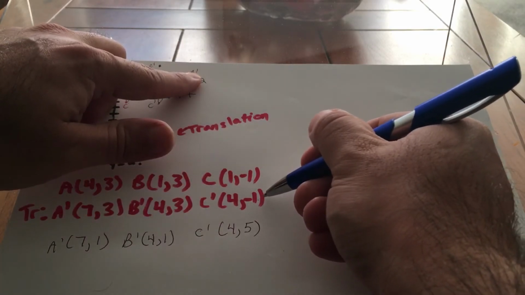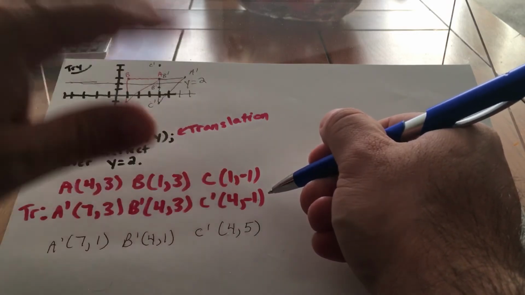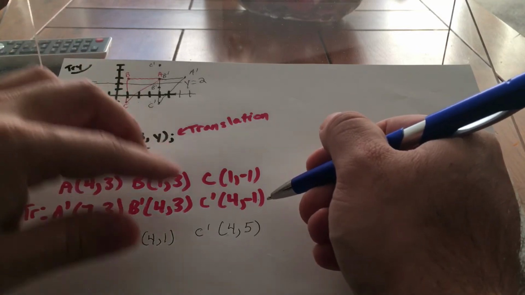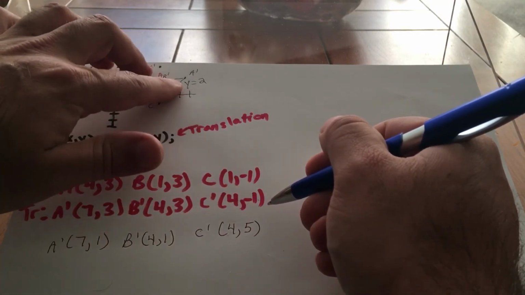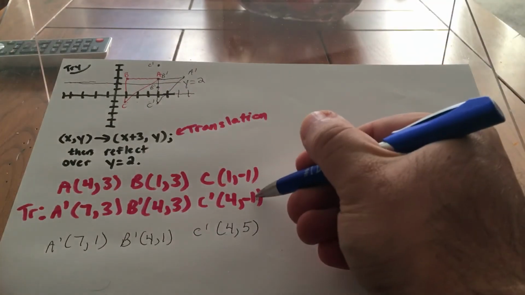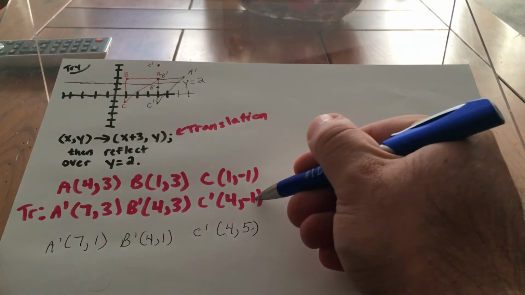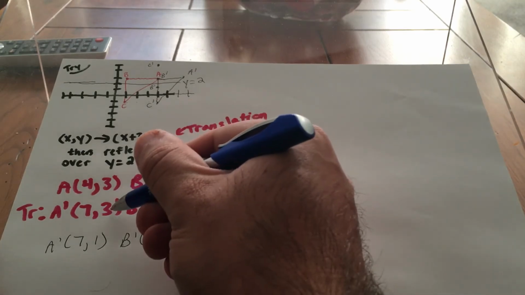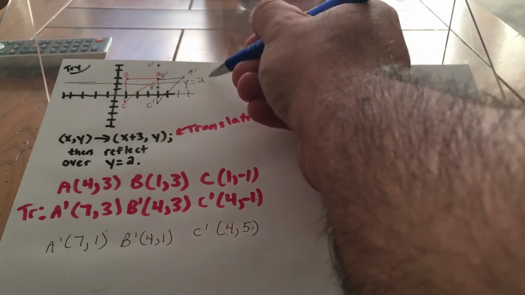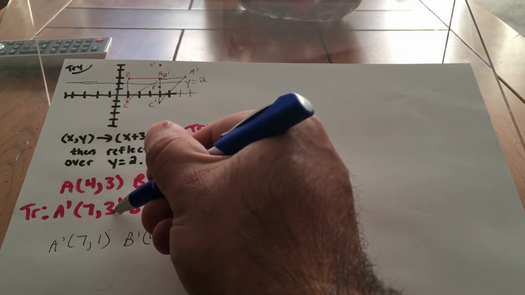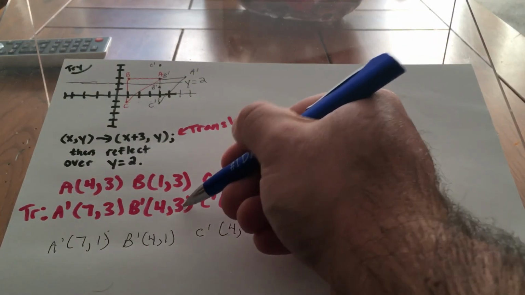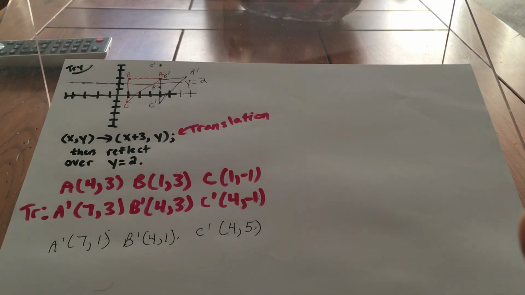That's up 3. So to reflect it, you'd have to go 3 more beyond it. So what you do is count from -1 up to y equal to 2. In order to get there, you have to take 3, and then you just double it, and that's what you add to your y coordinate. So -1 plus 6 would be 5. Same thing here. To go from 3 down to 2, you had to go down 1 to get to y equal to 2. So if you double it and subtract, because you're going down now, 3 minus 2 is 1. Same thing for that coordinate. All right. If you have any questions, bring them to class.